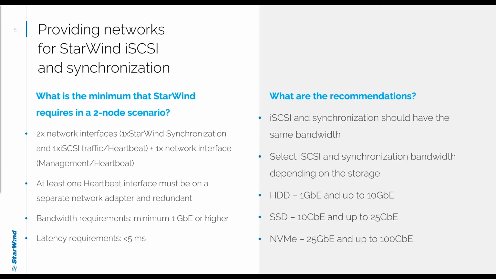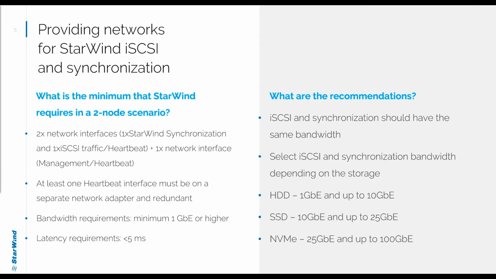Taking this into account, there is no actual point assigning higher bandwidth for iSCSI. The other way around, it is better in such a situation to assign higher bandwidth for synchronization. In this case, you will have a faster synchronization process. But of course, the iSCSI, which will be serving all the I/O operations, will have the other bandwidth.